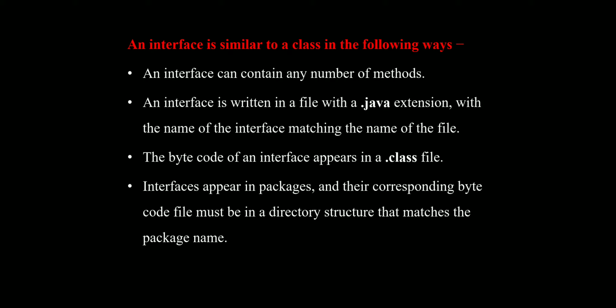Interfaces appear in packages. Packages are already existing methods or bytecode files that have a directory structure that must match the package name. These are the points where an interface is similar to a class.